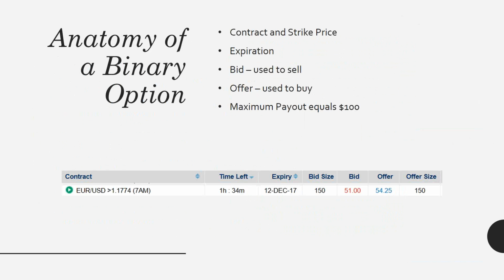And then you have a bid price and an offer price. The bid is used to sell the instrument. The offer is used to buy the instrument. The maximum payout on any binary option is equal to $100.